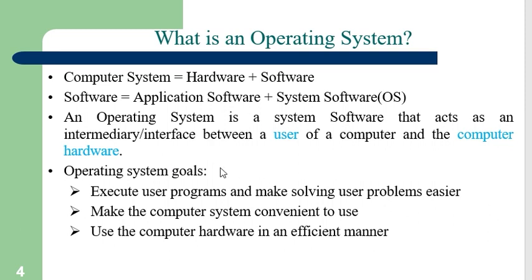An operating system is a system software that acts as an intermediary between a user of a computer and the computer hardware. The primary goal of the operating system is to execute user programs, make solving user problems easier, and make the computer system convenient to use. The main goal is to use the computer hardware in an efficient manner.